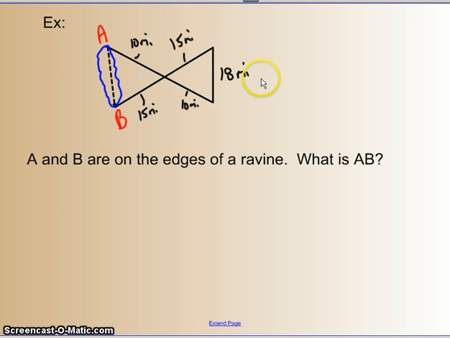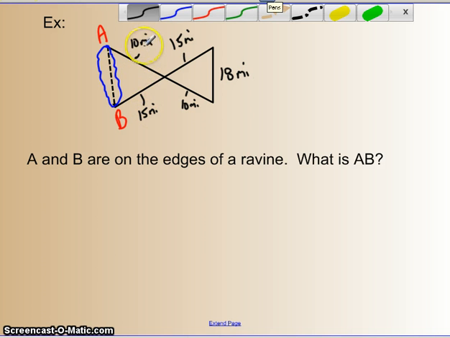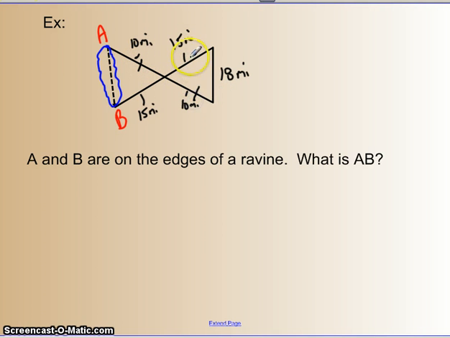We are supposed to state that AB would be 18 miles here on this one. Let's see how we could possibly do that. So notice that we got the 10 miles and the 10 miles here, so this would be congruent with this. We got the 15 miles, which would be congruent to the 15 miles, and then we got vertical angles, so the two triangles would be congruent by side, angle, side, because it's a side with the included angle and then another side.